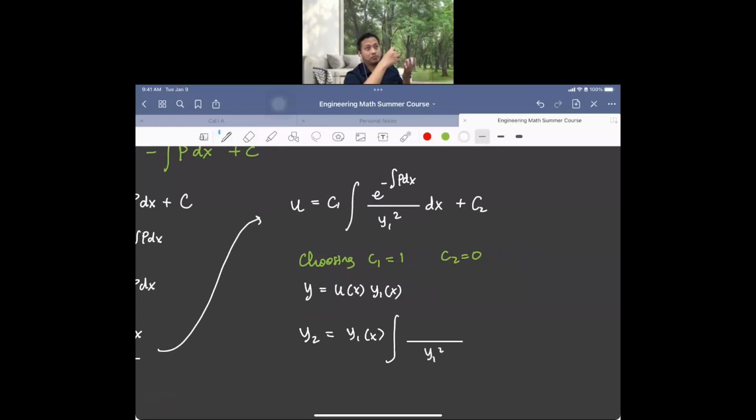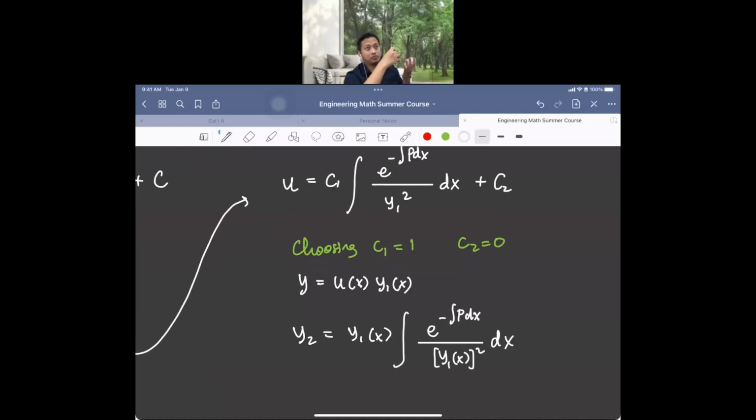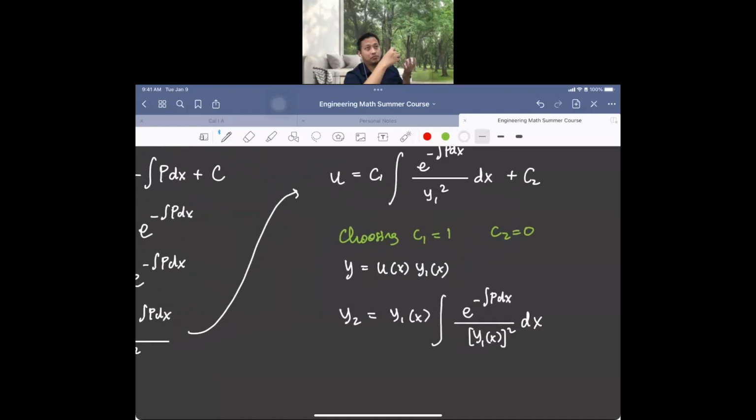So y2 is y1(x) multiplied with the integration, dx.